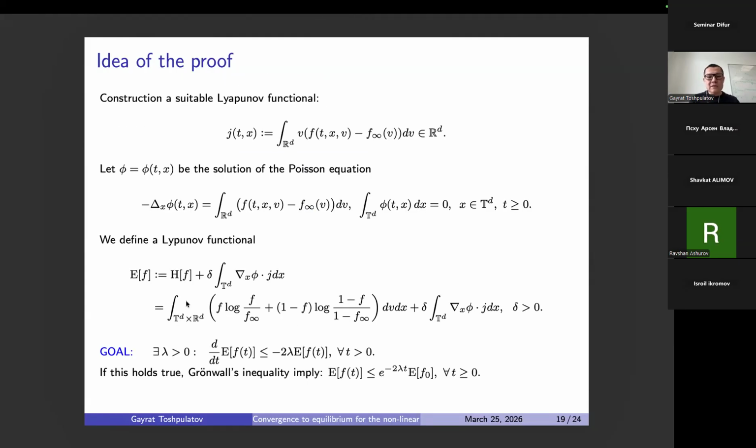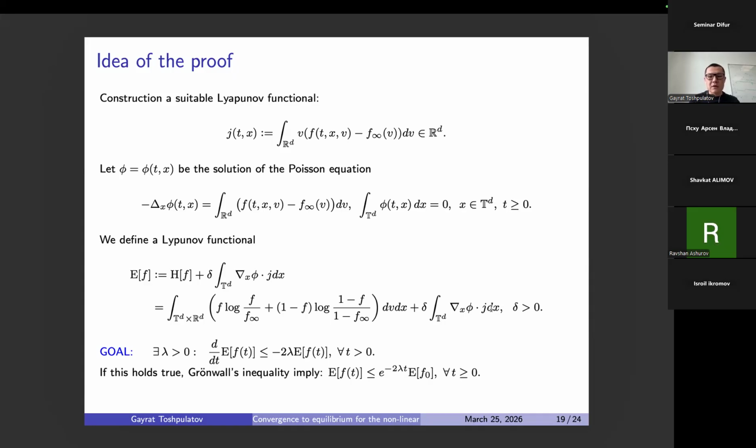Yeah, this is hard. But it's obvious that entropy is decreasing, and it's natural to consider it. But we add some extra terms. We somehow modify the entropy a little bit. We choose delta, some constant, which will be a small constant.